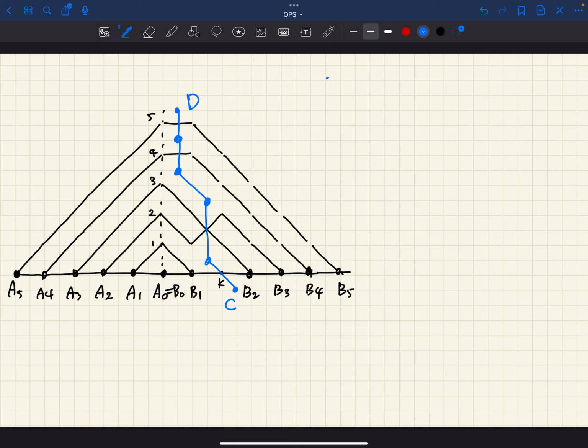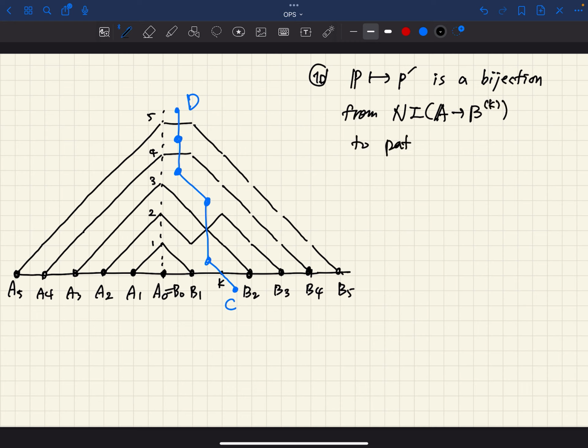And the last observation is that the map sending the non-intersecting path to a path from C to D is a bijection from this to the set of paths P prime from C to D. Here using steps, this is northeast, northwest, double north, just north, single north.